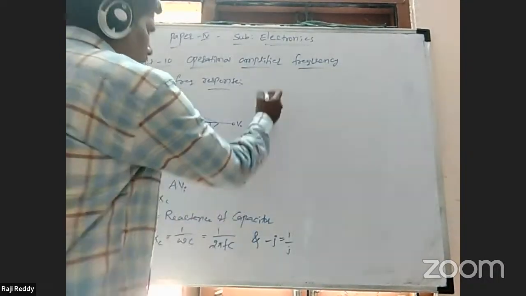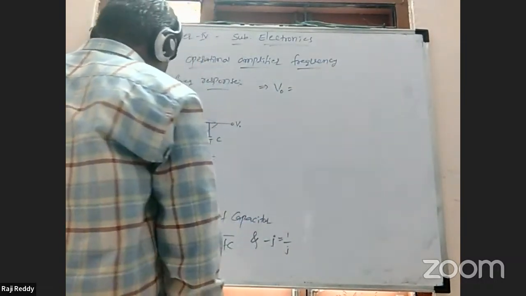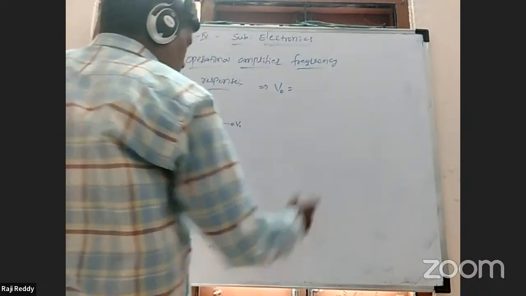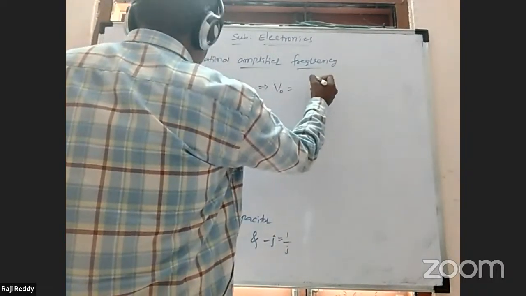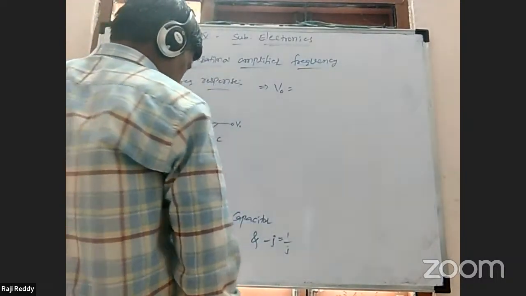You get the modified equation. Then V naught is equal to, instead of minus j, 1 by j, and XC value is 1 by 2 pi fc.